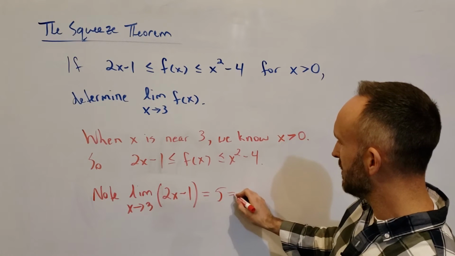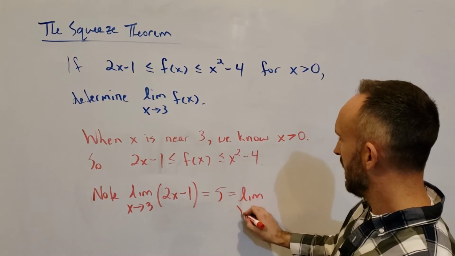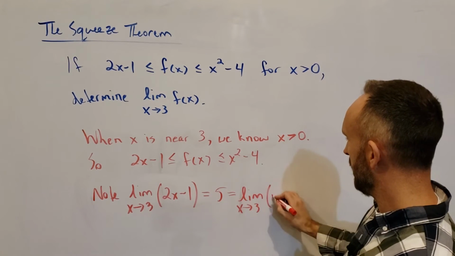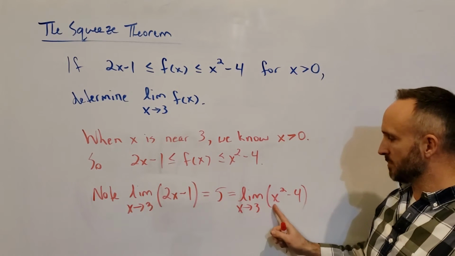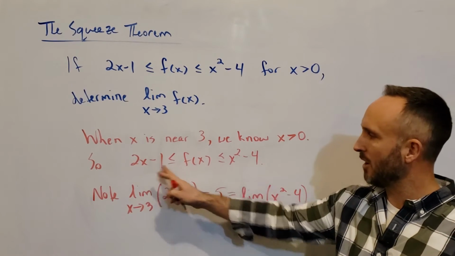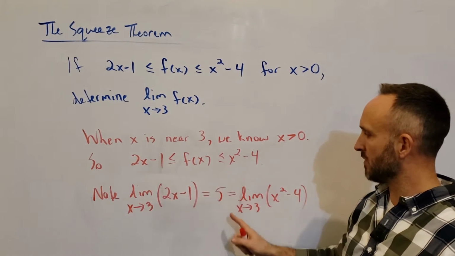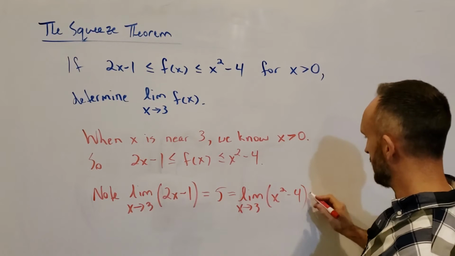And that is the same thing as the limit as x approaches 3 of the upper function, x squared minus 4, right? Direct substitution again. You can see that both of the outer functions approach 5 as x approaches 3.